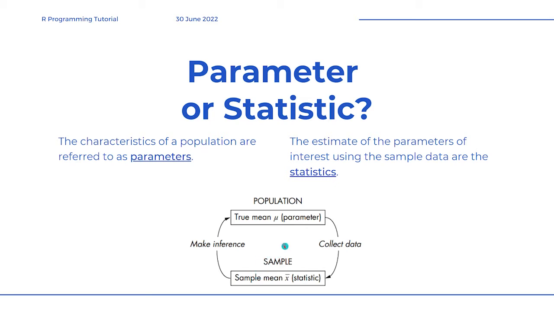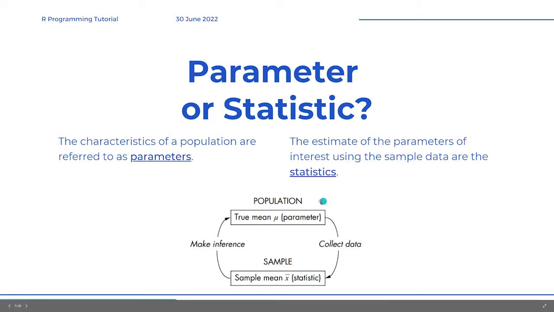So when we gather data from the population, what we describe is a parameter. Once we collect sample data and estimate those parameters, that will be a statistic.